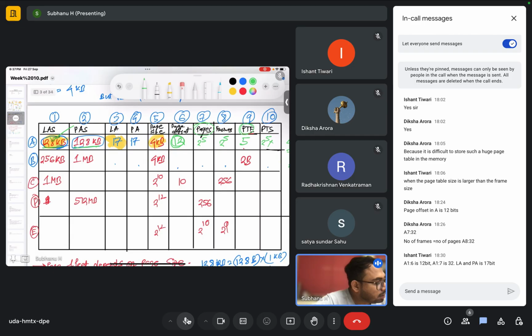What is the page table entry? How do we find it? Page table entry is basically the number of frames, or we can find it by logical address minus page offset.